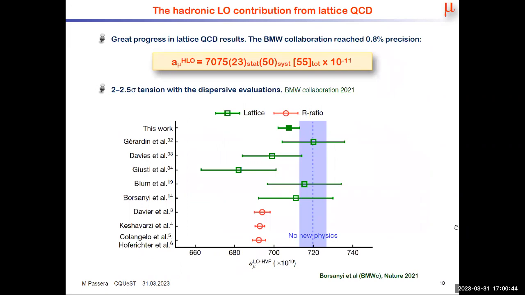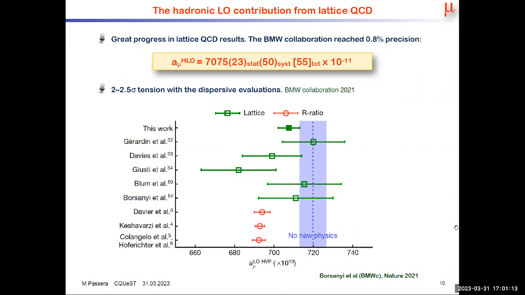There is an interesting, very important result that occurred in 2020. It was the first precise calculation, at better than 1% precision, of this contribution on the lattice. And this number is very precise. You see it here, an uncertainty of 55 in 10 to the minus 11. You see the comparison with the one that I showed you a moment ago.